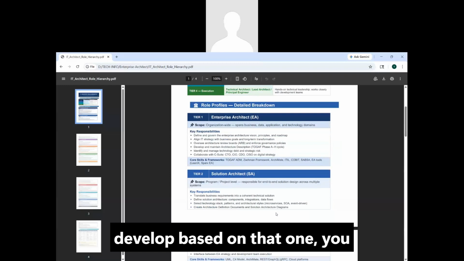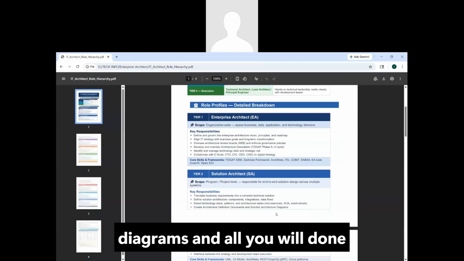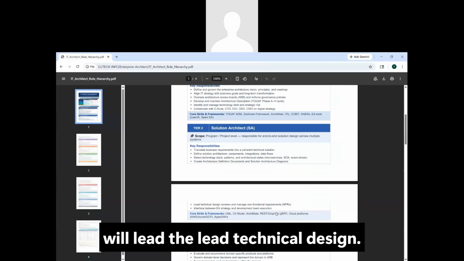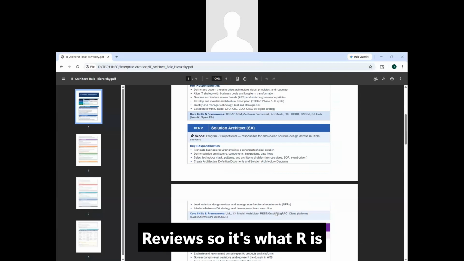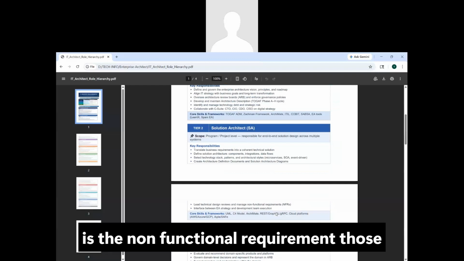Apart from that, documentation, solution architecture diagrams and all will be done by the solution architect. Then he will lead technical design reviews and manage non-functional requirements.